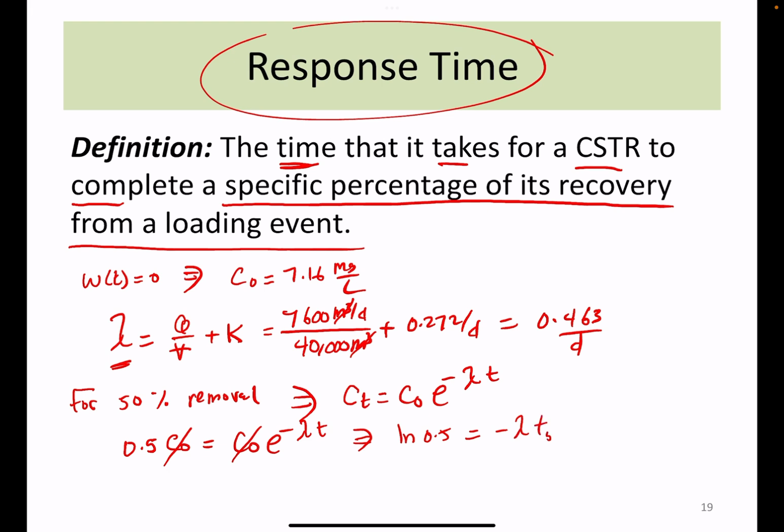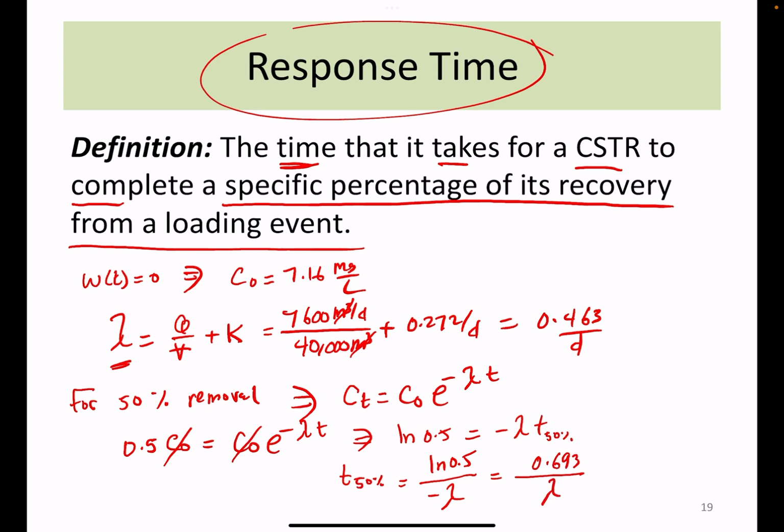And this is t at 50%, so t50 is going to give you ln 0.5 over minus lambda, and ln 0.5 is 0.693, and that's going to be minus, so lambda is going to be positive here.